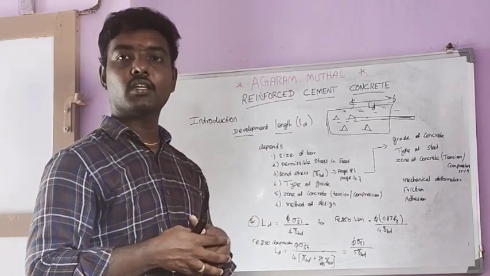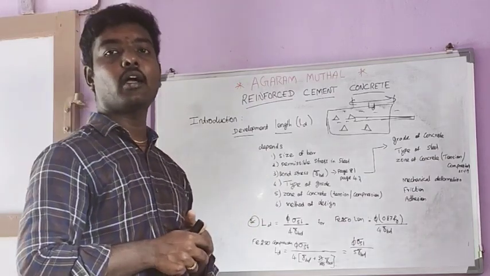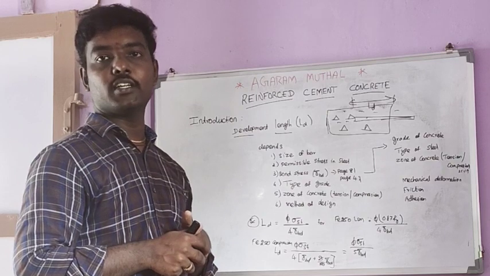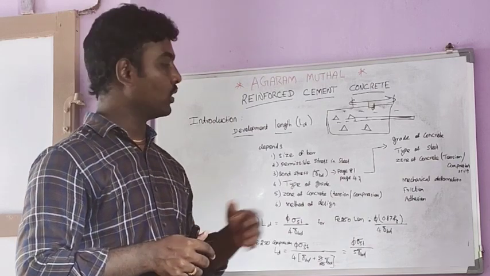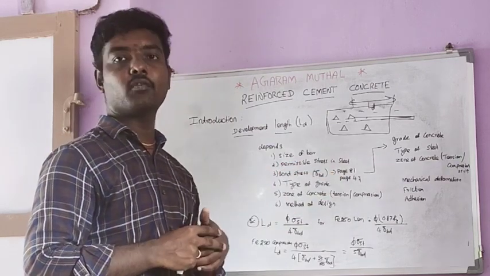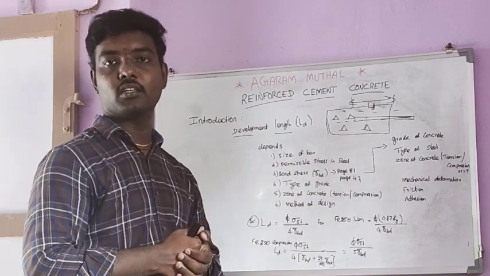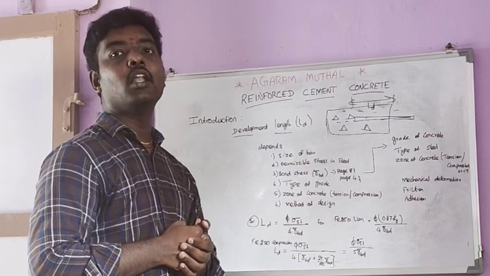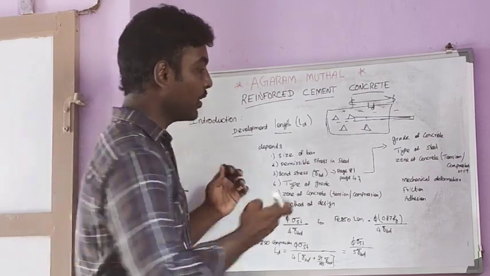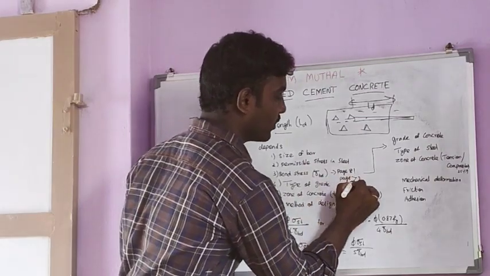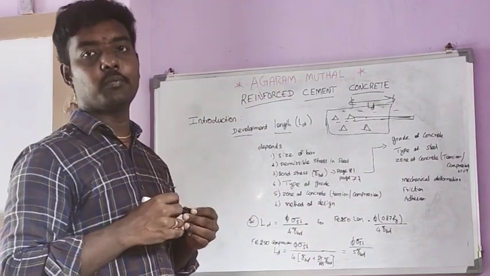The bond strength is given in IS 456 2000 on two pages: page number 81 for the working stress method and, sorry, page number 73 for the limit state method.